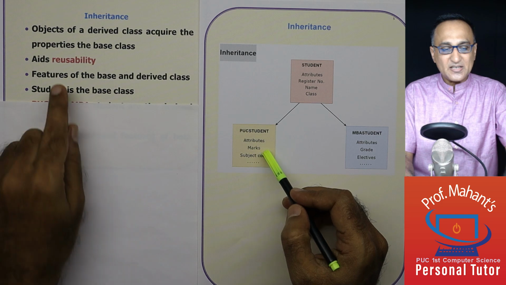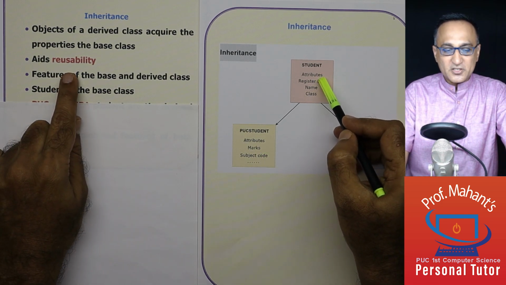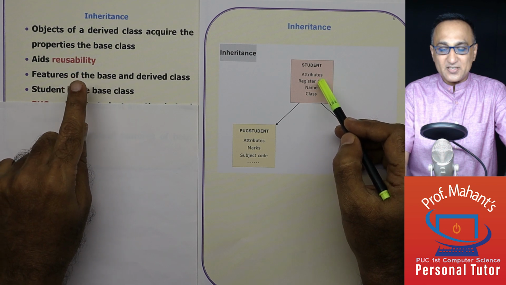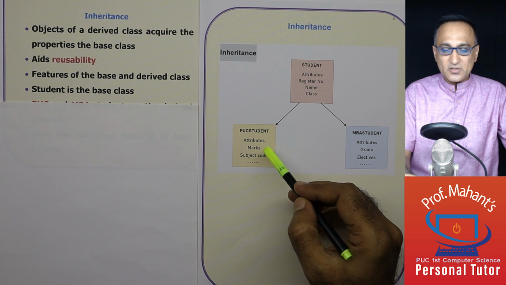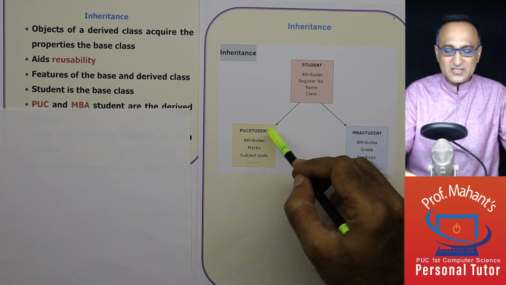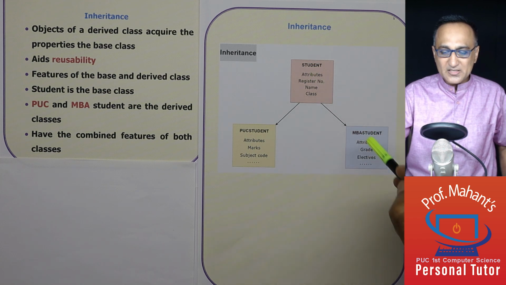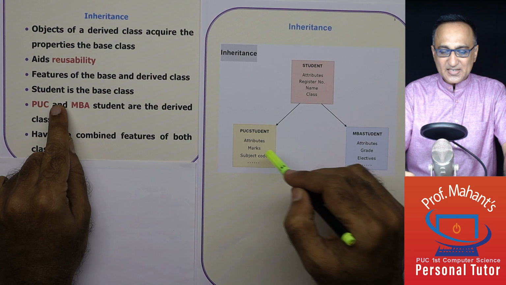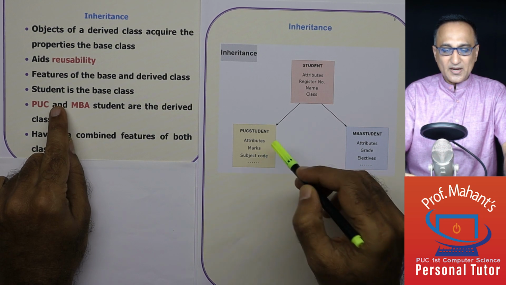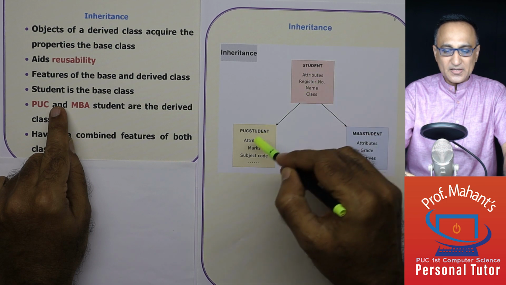So it aids reusability. The data and functions, known as behavior and characteristics of this student, are inherited here. So this contains the features of this plus this. Similarly, MBA contains the student plus this. So student is the base class, and this and this are the derived classes. This one gets the behavior and characteristics of this plus this.